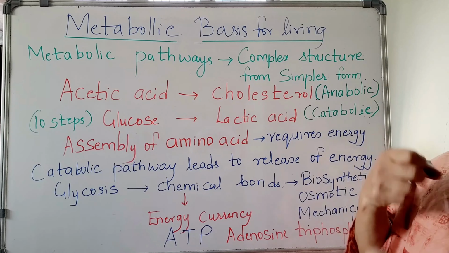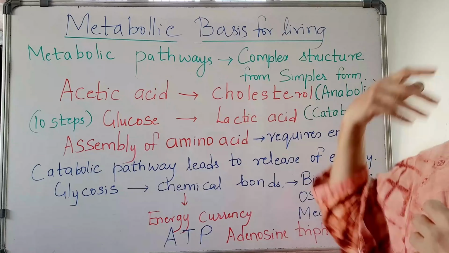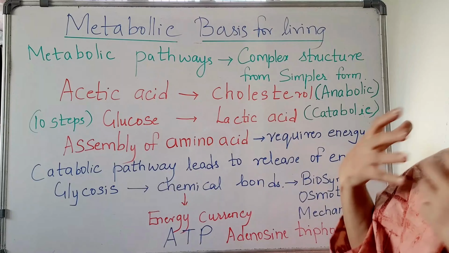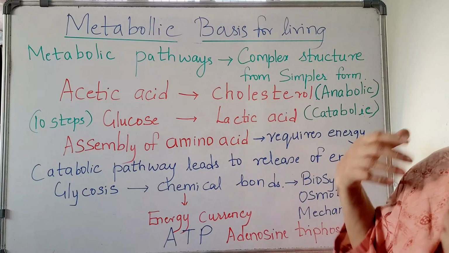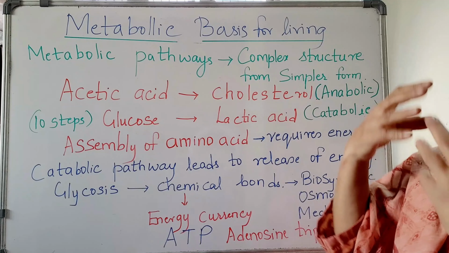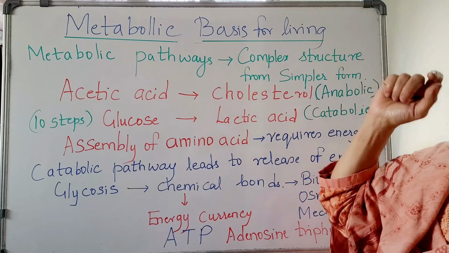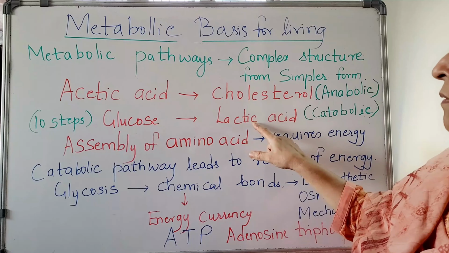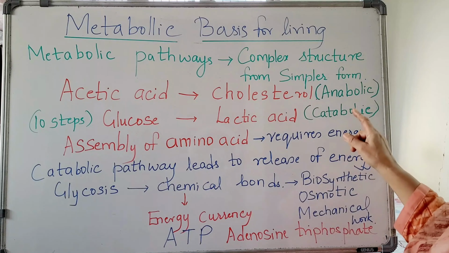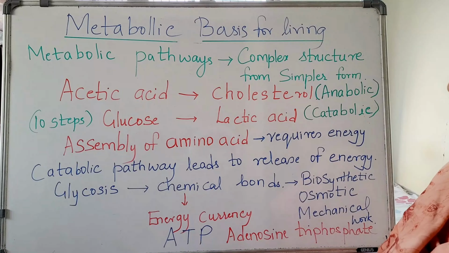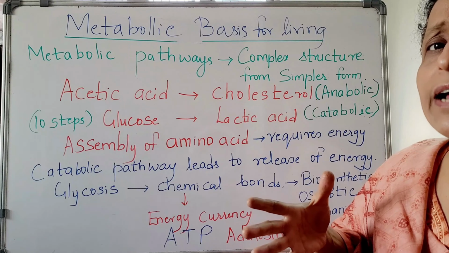It is stored in our body whenever it is required for work, converting into work. We get this energy from ATP, which is the chemical bond energy, which is formed due to glycolysis, the conversion of glucose into lactic acid, which is a catabolic process.